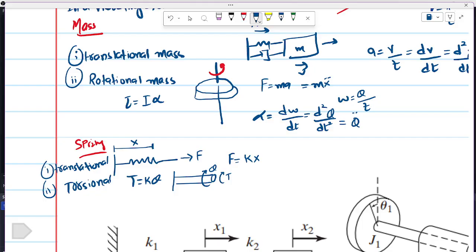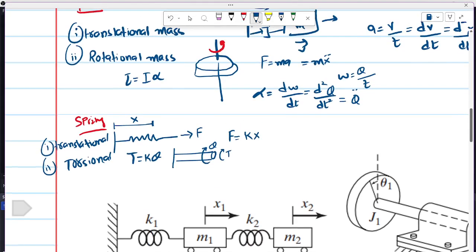The third element is a damper. It's characterized by B, the damping coefficient, which is simply proportional to the velocity.